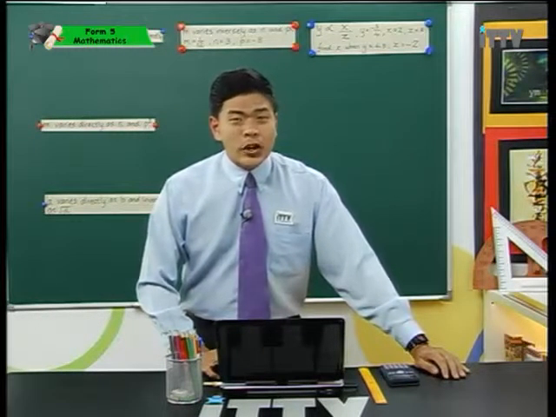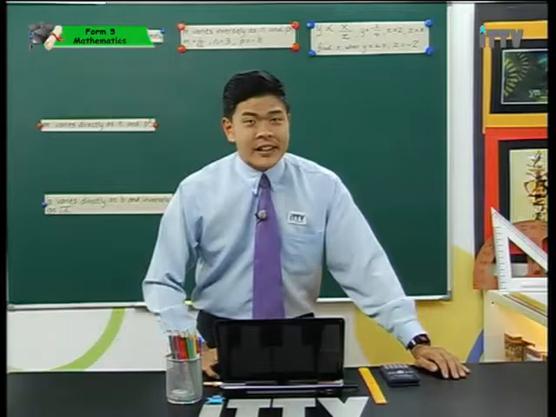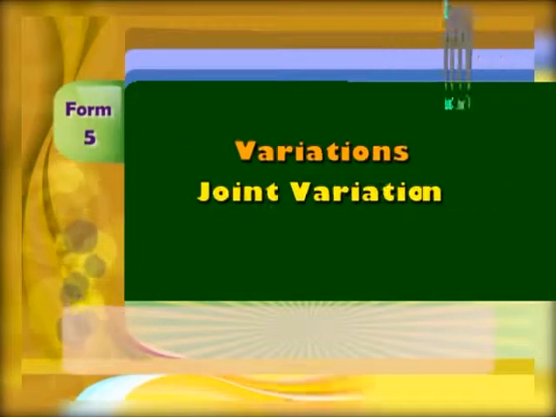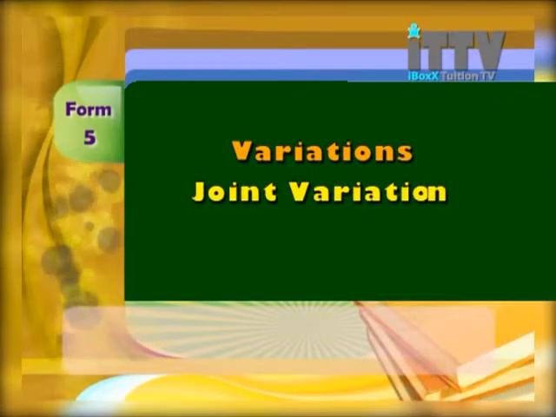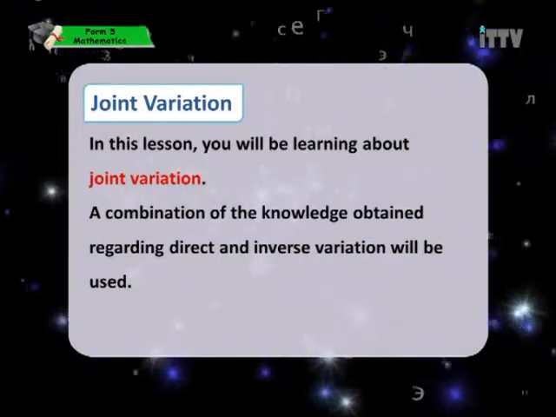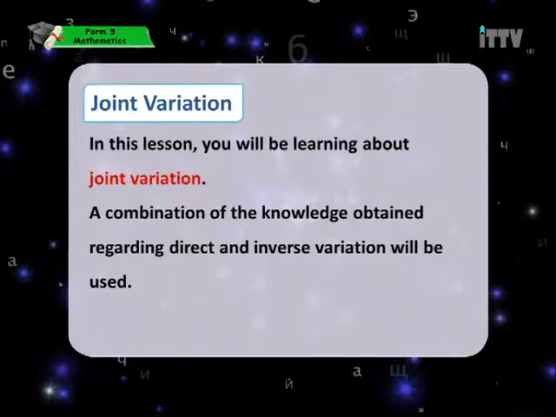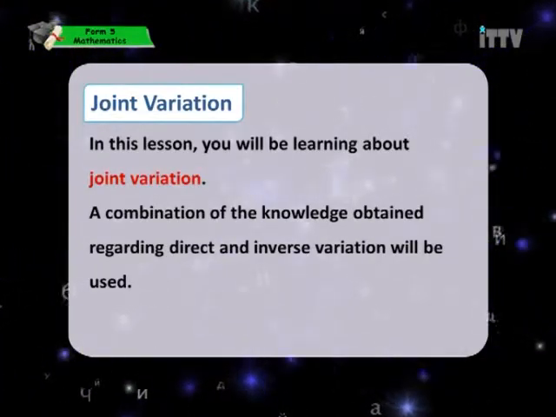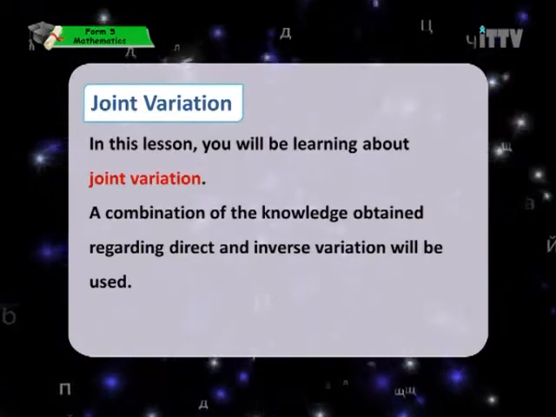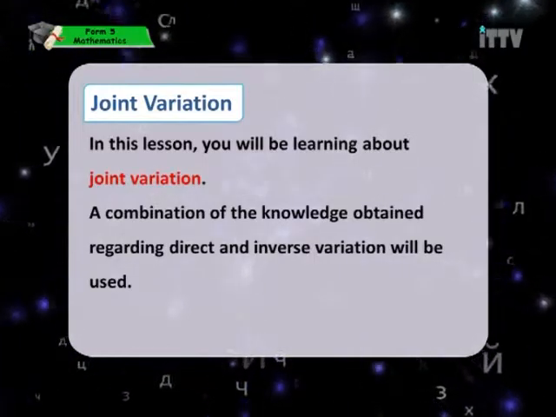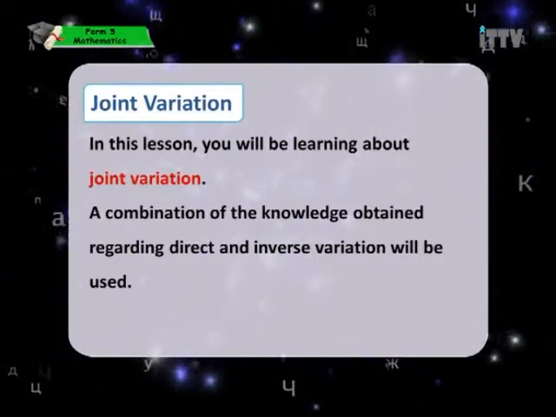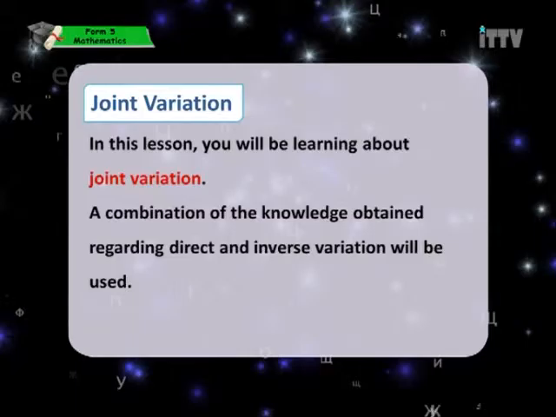Alright guys, so let's take a look at what we're going to be learning in this lesson. Joint variation. In this lesson, you will be learning about joint variation. A combination of the knowledge obtained regarding direct and inverse variation will be used.